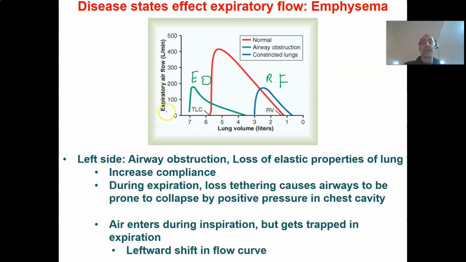This graph represents on the y-axis expiratory airflow in liters per minute, and on the x-axis the lung volume in liters. And you can see it roughly represents an average person who has about 5 to 7 liters of lung volume. The red curve represents normal lungs during expiration.